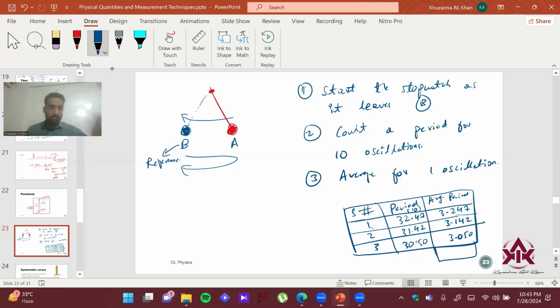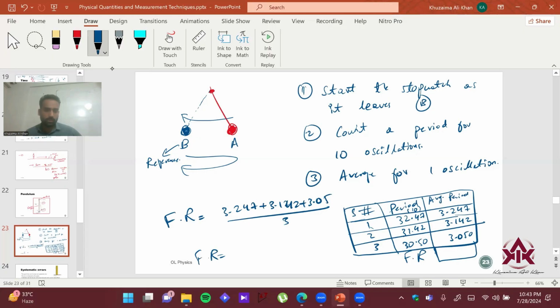Now you can take another average. So how would you find the final average? The final reading, let's say FR. So your FR is going to be 3.247 plus 3.142 plus 3.05 divided by 3, to be more precise. We are increasing accuracy by taking averages.